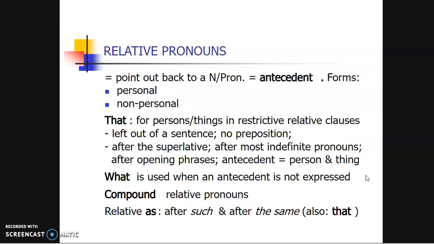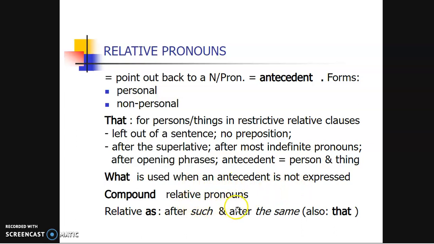Relative pronouns have antecedents, personal and non-personal: that for persons and things in restrictive relative clauses, can be left out of the sentence, no preposition, adds the superlative and the most indefinite pronouns always. What is used when an antecedent is not expressed.